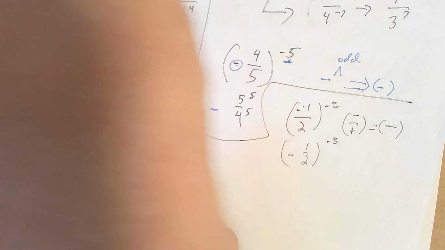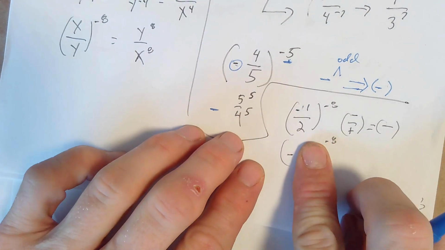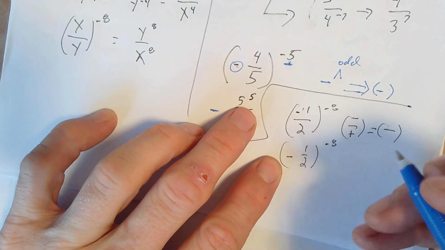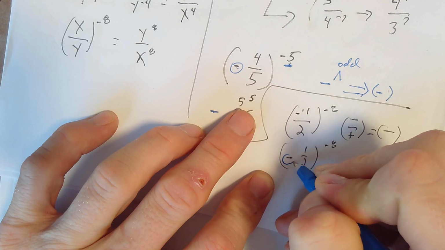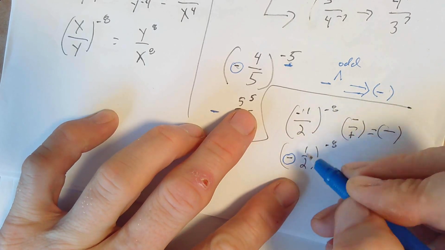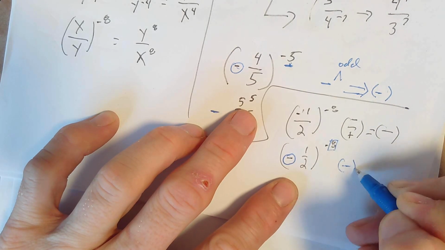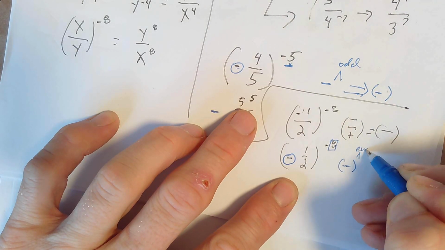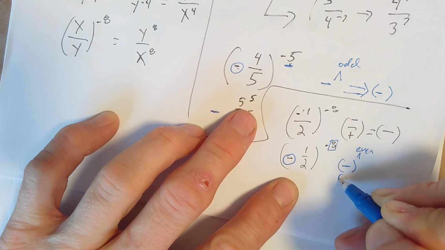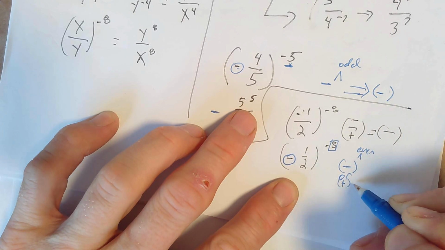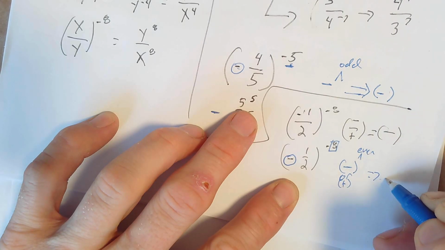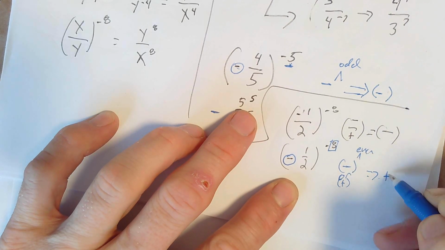Okay, now evaluate the sign. When you're evaluating the sign, it's the sign of this whole thing, the coefficient raised to an even. A negative or a positive raised to an even is going to be a positive.